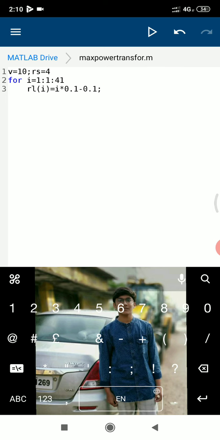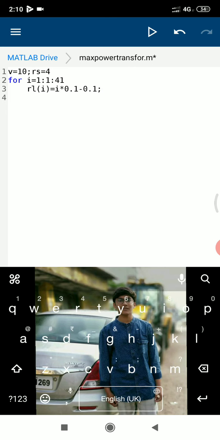In this theorem, power can be obtained by the next step. Power can be obtained by V Thevenin by R Thevenin.